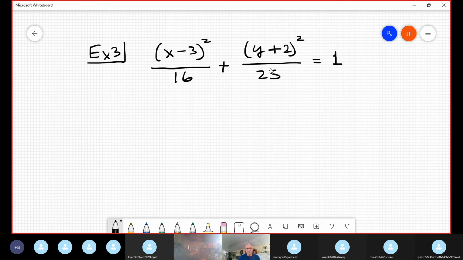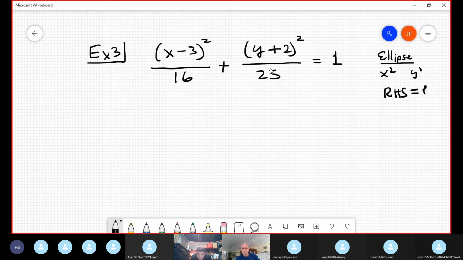This is already expressed in standard form. It's an ellipse. What is the thing I recognize that it's an ellipse? Well, x squared, y squared. Look at that. I don't care if it's h and k in this case. We have a translation, so the center is not (0,0), it's another point. It's an ellipse. And important, the right-hand side is 1. It's standard. You don't need to divide.